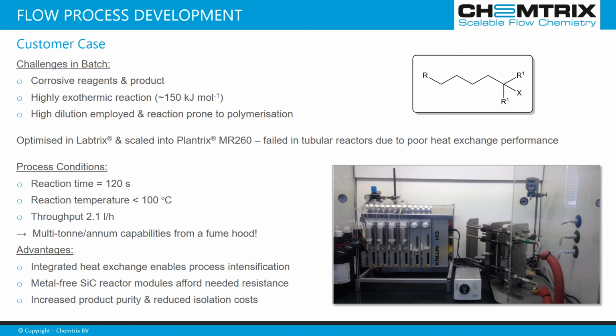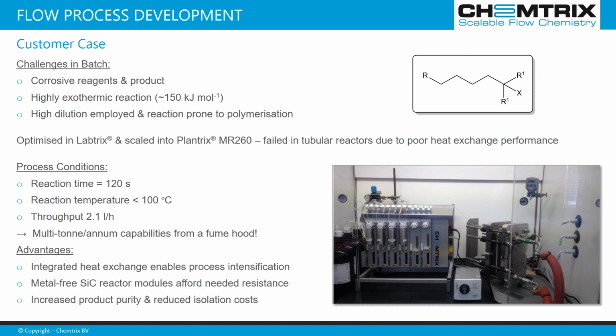If we got any deviations, obviously with mass flow controllers we can modify the process on the fly in order to have that efficient, stable product quality. So here we're using a reaction time of 2 minutes, reaction temperature of 100 degrees for an exothermic process, and we're able to run solvent free.